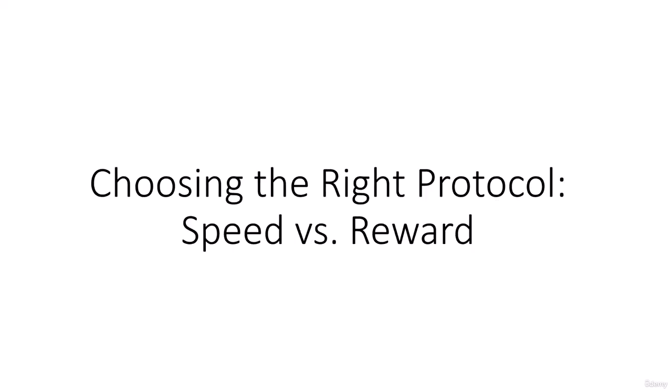Choosing the right protocol: speed versus reward. Depending on the protocol and the password cracking tool, one common option to speed up a brute force attack is to increase the number of login threads. However, in some cases such as RDP and SMB, increasing the number of threads may not be possible due to protocol restrictions, making the password guessing process relatively slow.